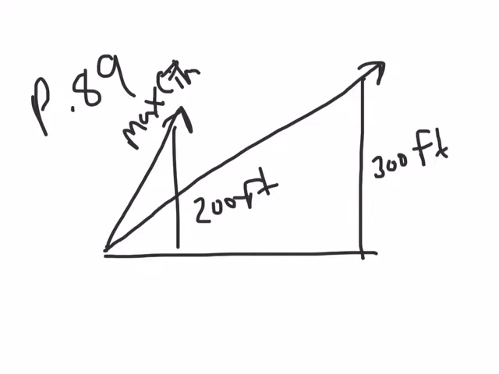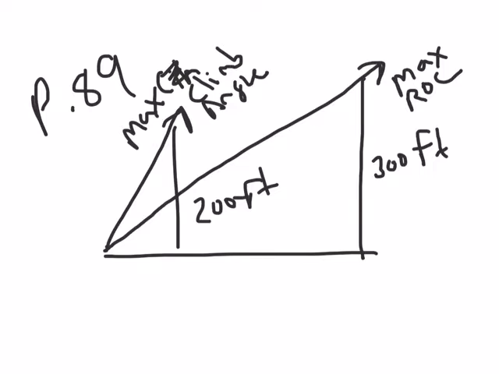Oh, if I can write. So hard to write on this sometimes. Max climb angle. And max rate of climb. So this is very similar to what you're used to, Vx and Vy, right?